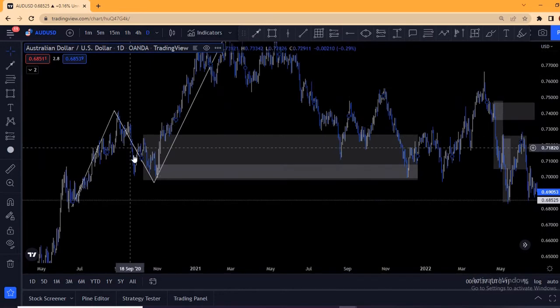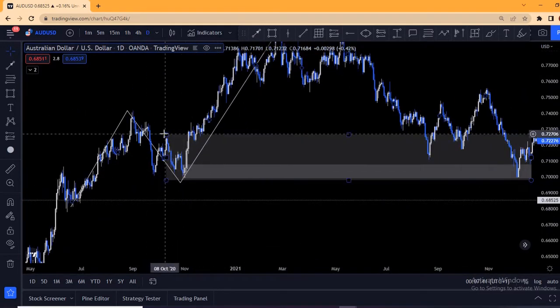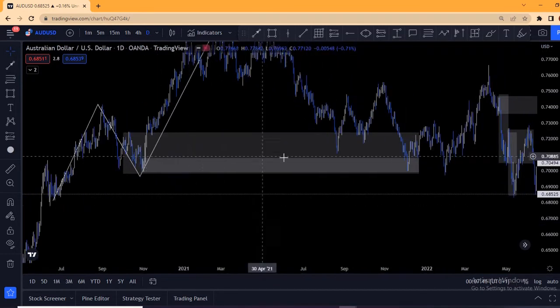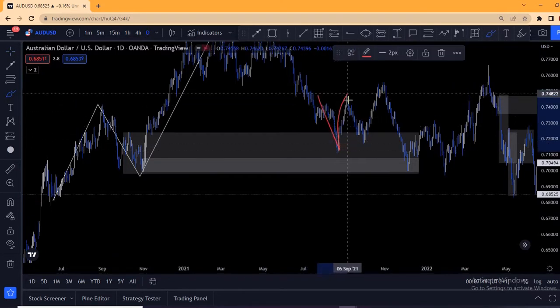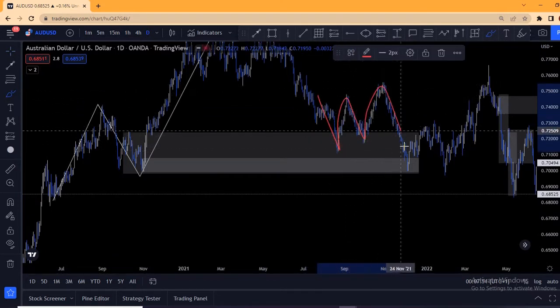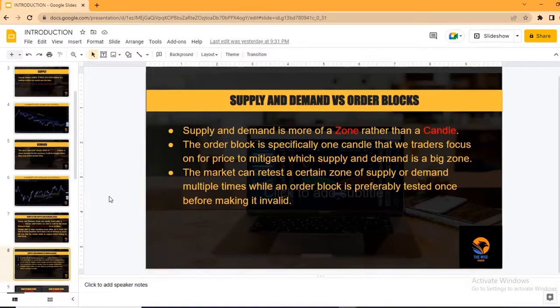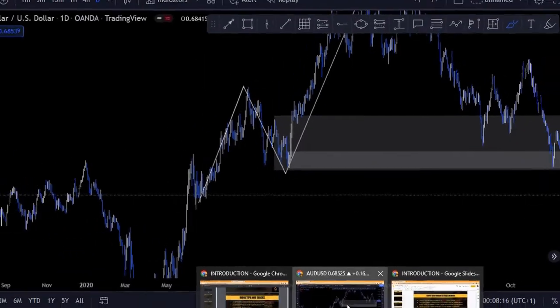So demand and supply are zones. It's a very big zone where price tends to reverse from. As you can see, price came into this level one time, went up, came again, buyers entered. Overall we have buyers in this zone. They say the market can retest a certain zone of supply or demand multiple times, while an order block is preferably tested once before it becomes invalid, which is exactly what happened here.